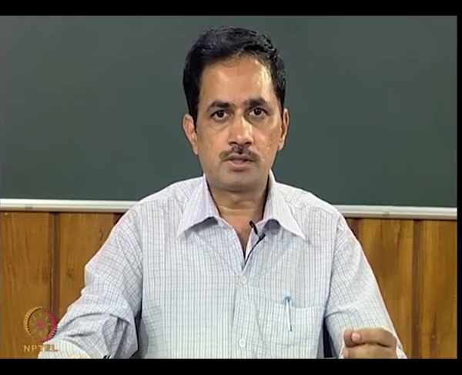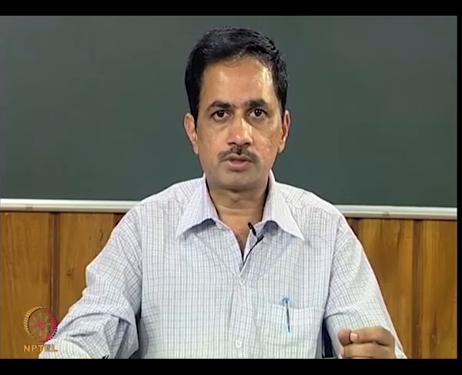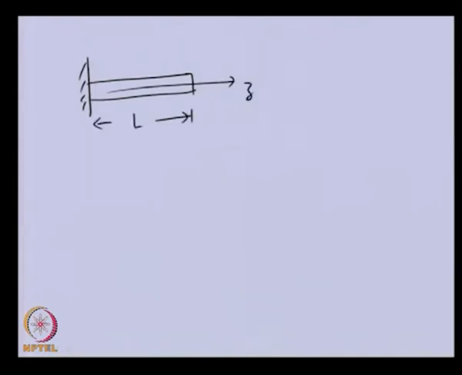So, now let us solve this wave differential equation for the boundary conditions of the cantilever. We have one shaft with a cantilever condition. You can see this is the z axis, the length of the shaft is L, and it is undergoing torsional vibration.